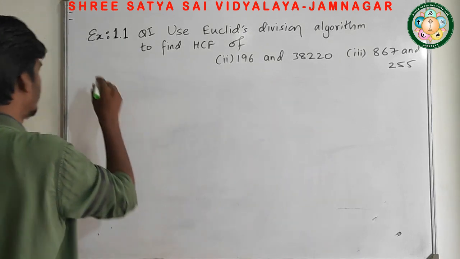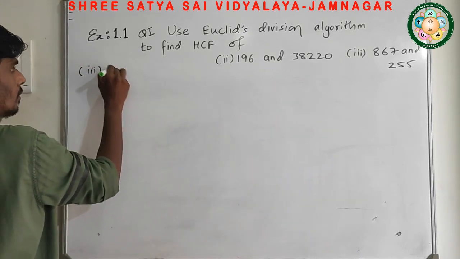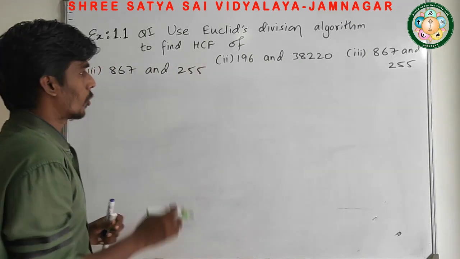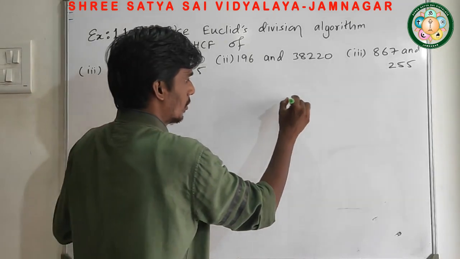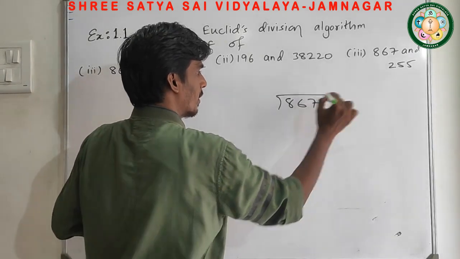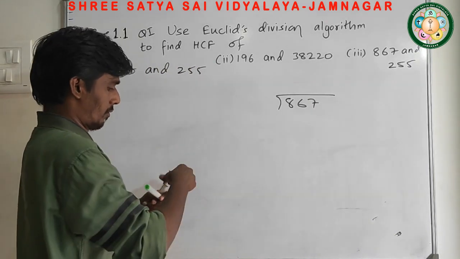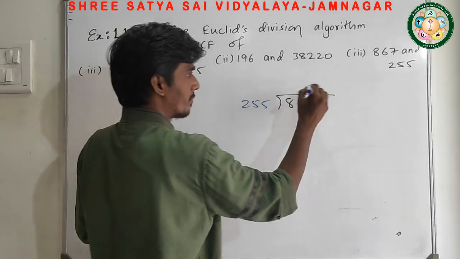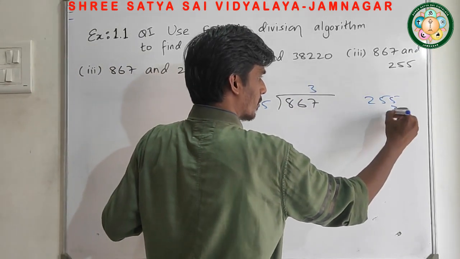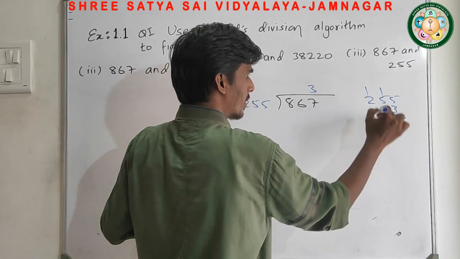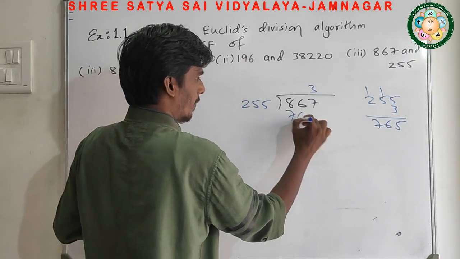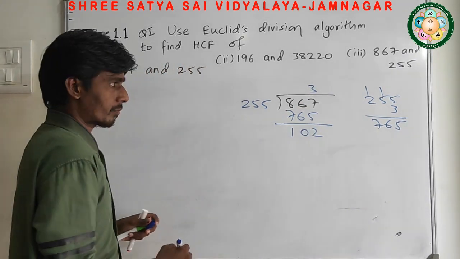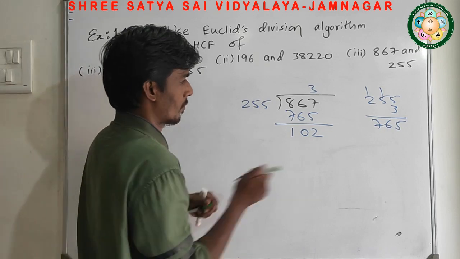What is question number 3? 867 and 255. Which one is greater here? 867. So 867 divided by 255. 3 times 255 is 765, the remainder is 102. Now the second step.